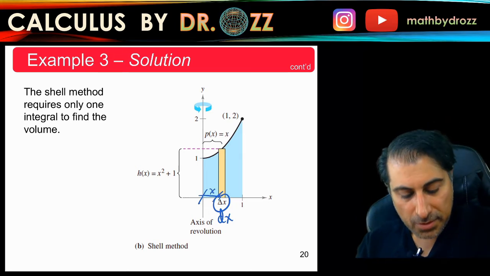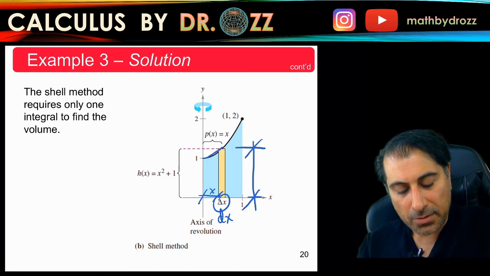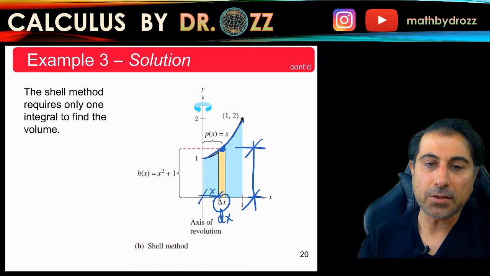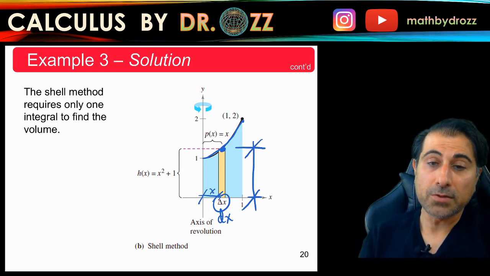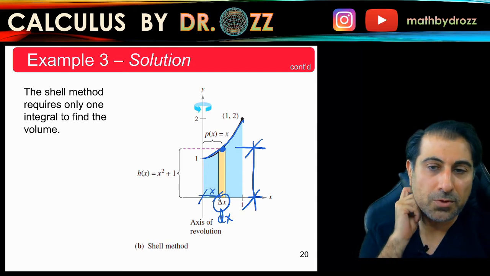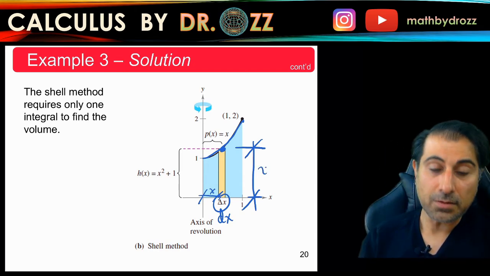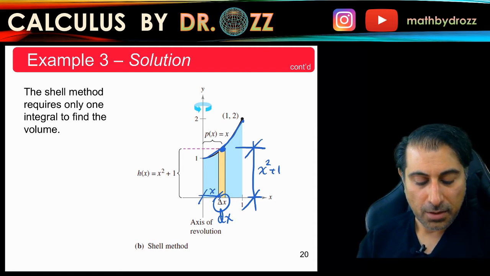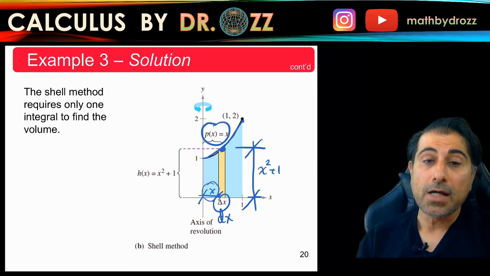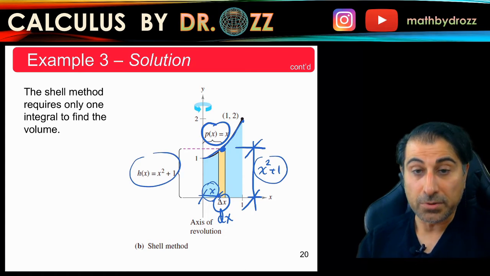For that reason, the height is determined by this curve here because the top portion of the rectangle touches the curve. And the curve is written in terms of x anyway in the problem: y equals x squared plus 1. So the height is going to be x squared plus 1. So we have p, which is the radius, that's x, and we have the height, also written there.